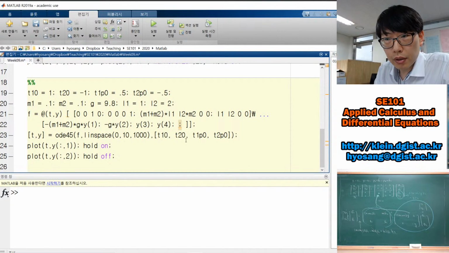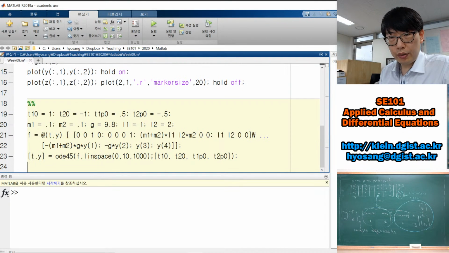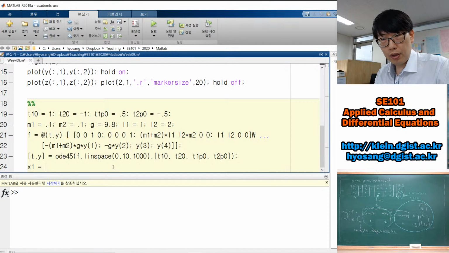Okay, so here, y1, y2, the first column and second column is theta 1. So let's see, x1 is what? L1 times sine theta 1, right?